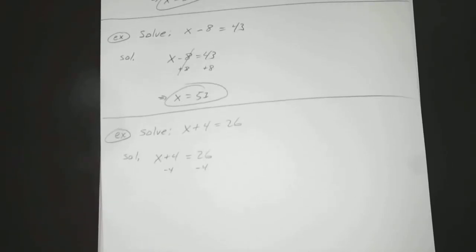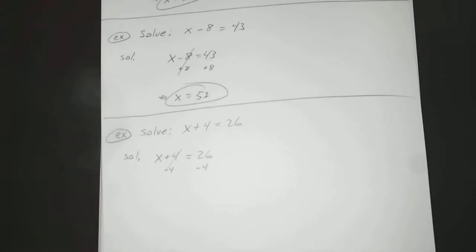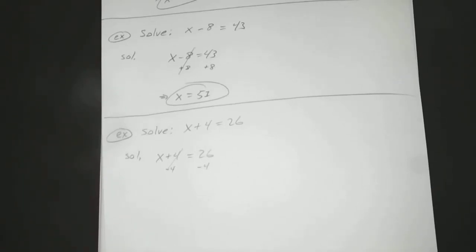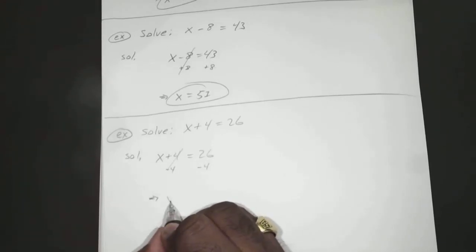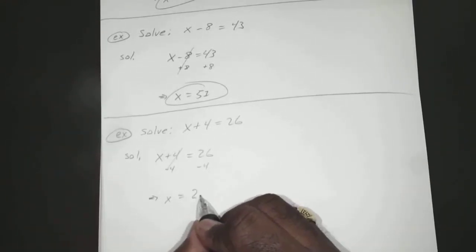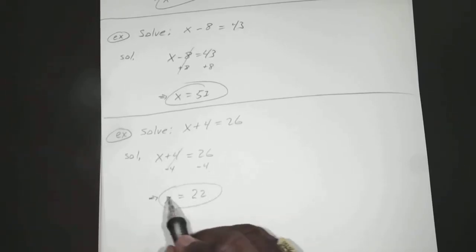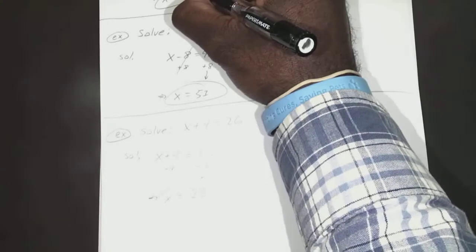Move that up a little bit. Okay, so 4 minus 4, you just get 0. So that leaves you with x equals 26 minus 4, which is 22. So just draw a little arrow there.